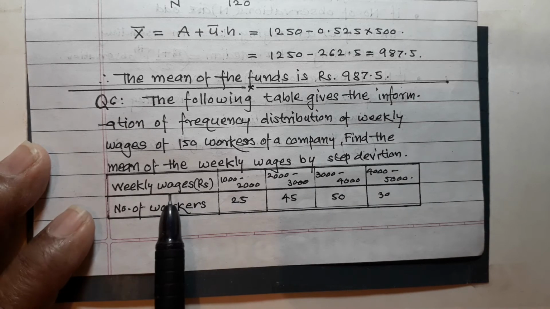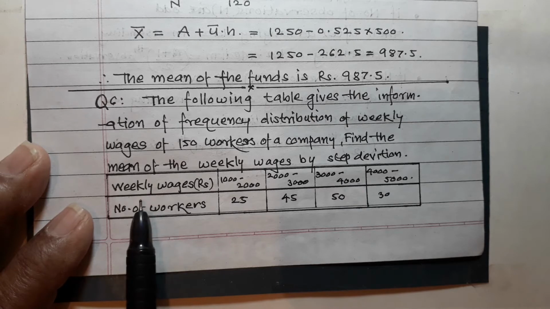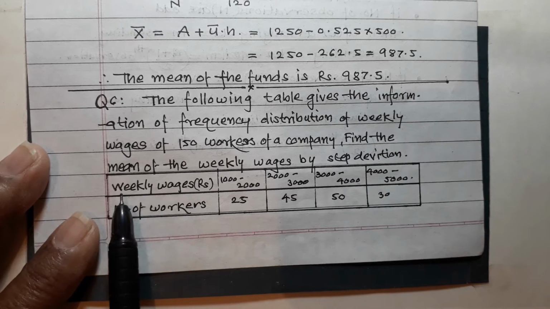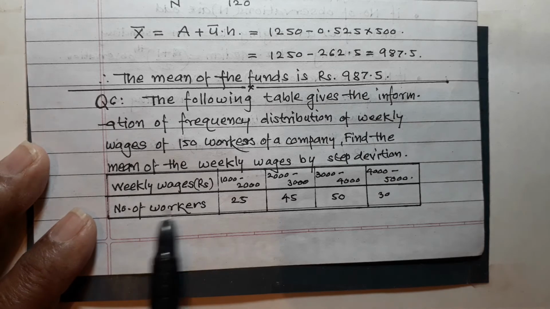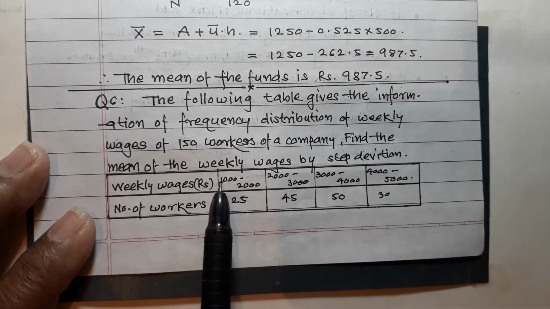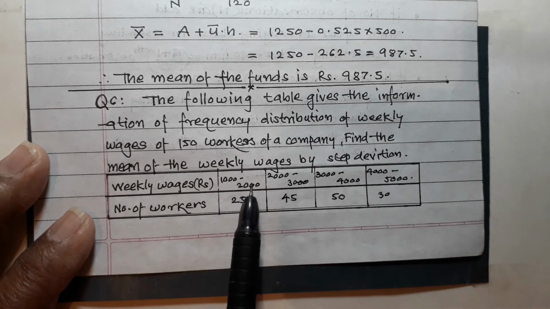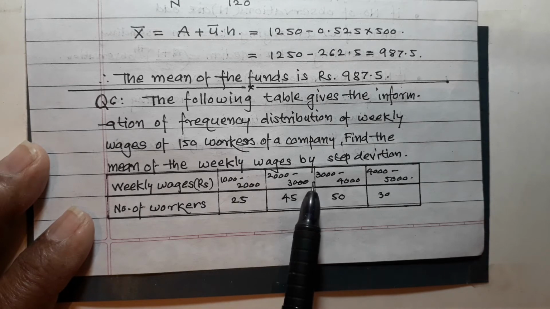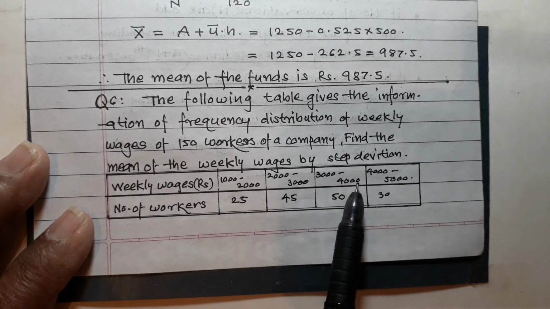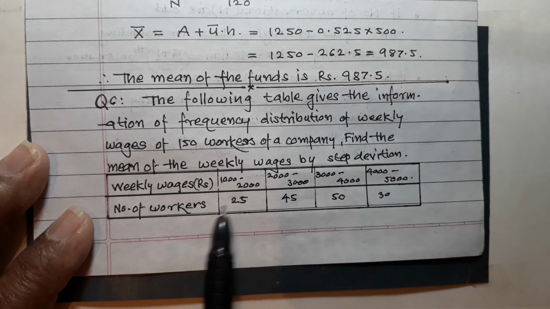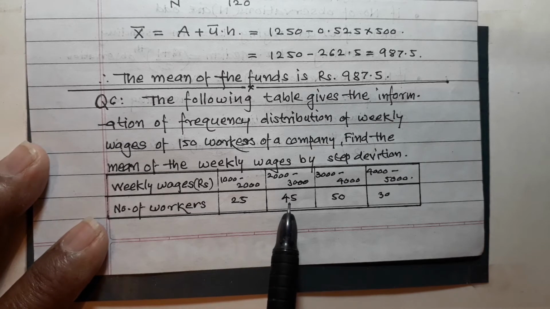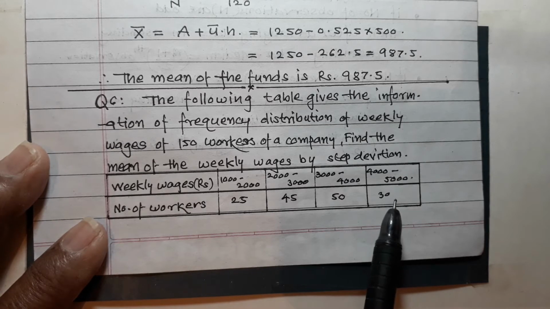Now here the frequency distribution table is given. Weekly wages in rupees and number of workers: 1000 to 2000, 2000 to 3000, 3000 to 4000 and 4000 to 5000, and number of workers, that is frequency: 25, 45, 50, 30.